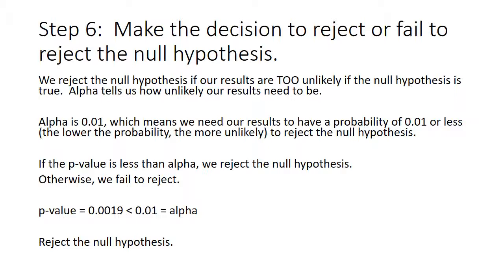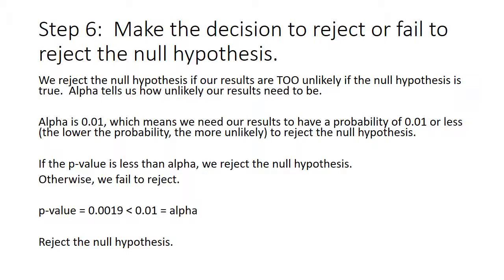We reject the null hypothesis if our results are too unlikely if the null hypothesis is true. And alpha tells us how unlikely our results need to be. Our alpha is 0.01. That means we need our results to have a probability of 0.01 or less.